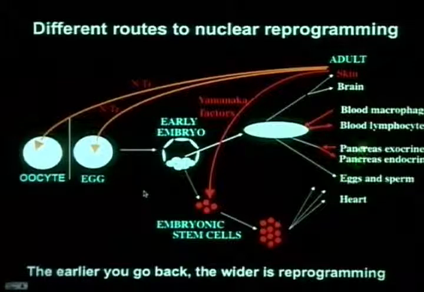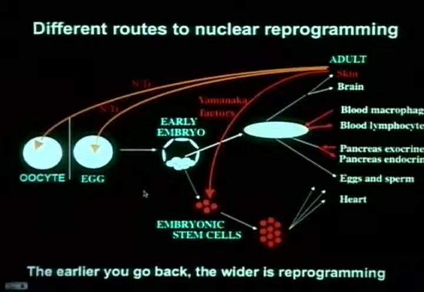And then there's the pancreas work of Doug Melton, where they used pancreas-specific factors and were able to switch from exocrine to endocrine, again, just at that last stage of the lineage diversion. So the general conclusion would be that the further back in development you go, the more widely and effectively operative are the reprogramming components of these cells.